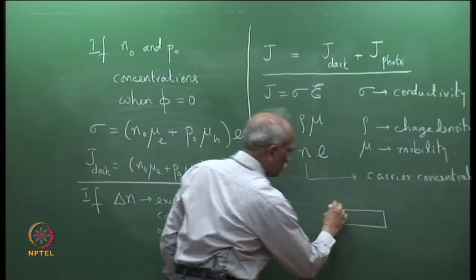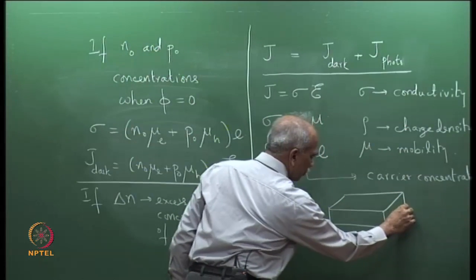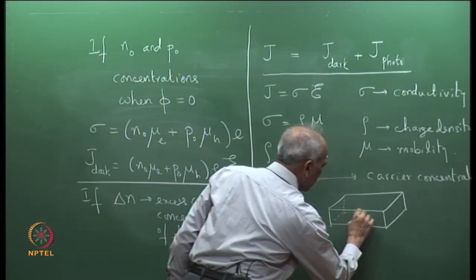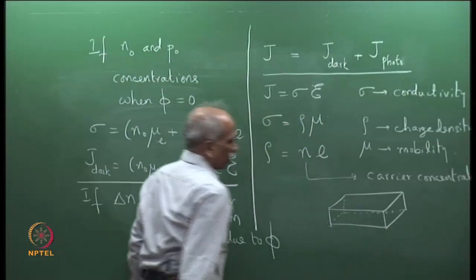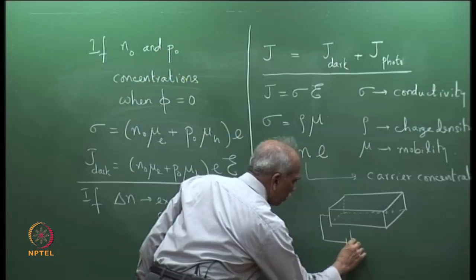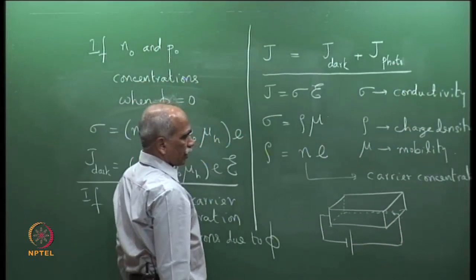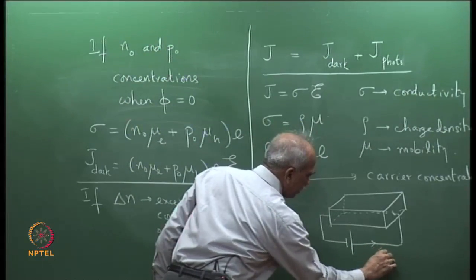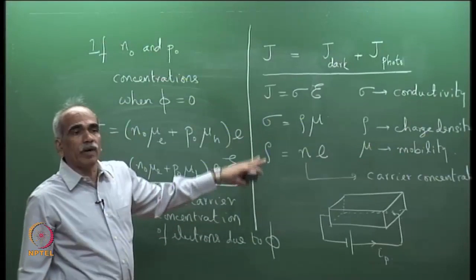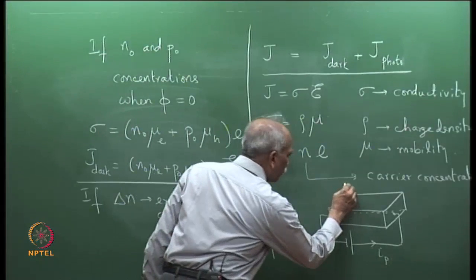Let me show the 3D picture. We have applied a potential here, and there is a photocurrent IP. Our interest is to determine IP due to an incident photon flux phi, and then calculate the responsivity. The photon flux is incident here.